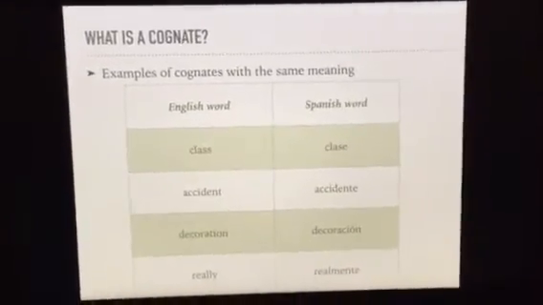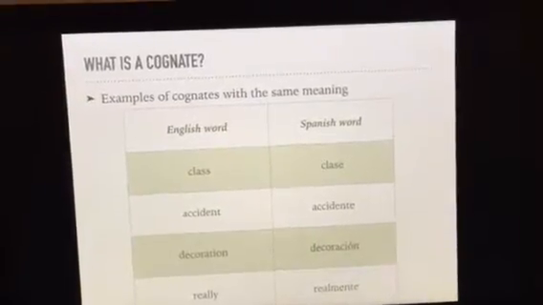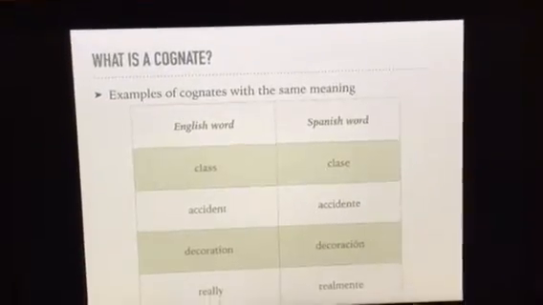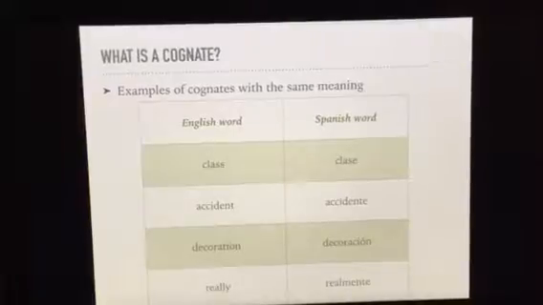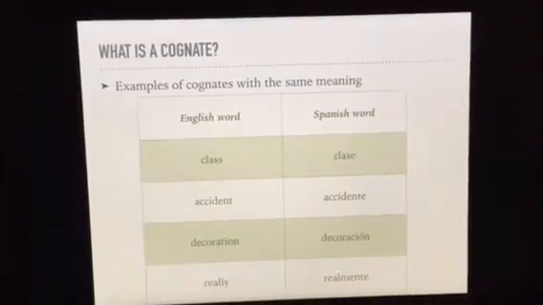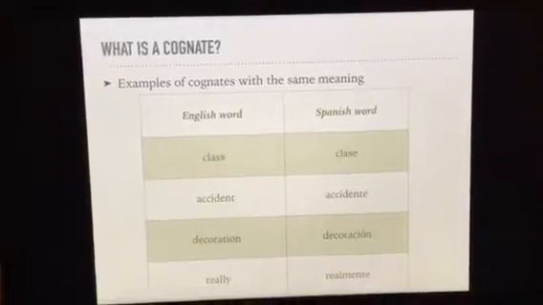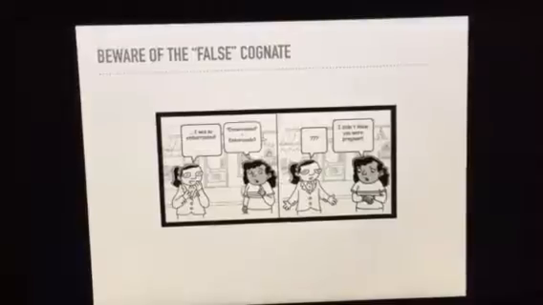So if you have a student with limited English who is in perhaps middle or high school and having to deal with science words like exploration, exploración, or information, información, they can easily apply the concept of cognates to their learning. Before we get into that, though, I do want you to be aware of two things.